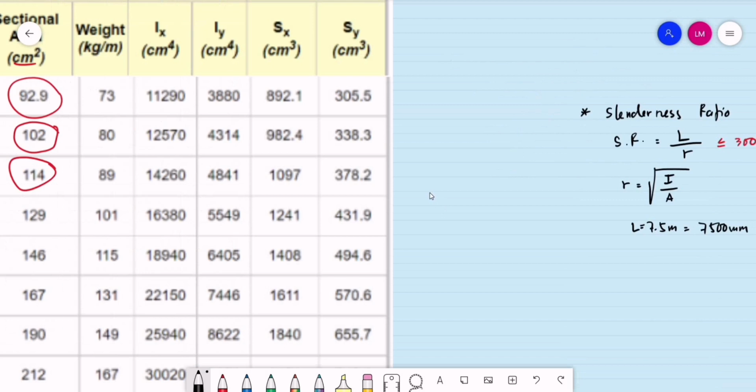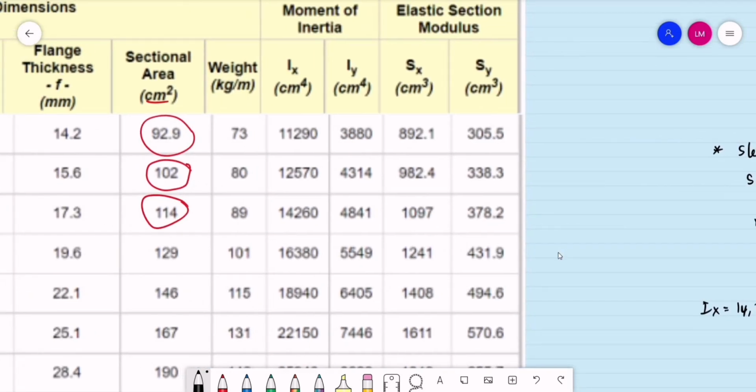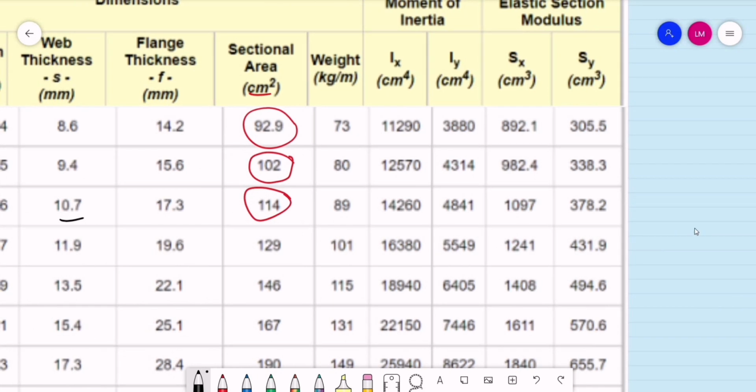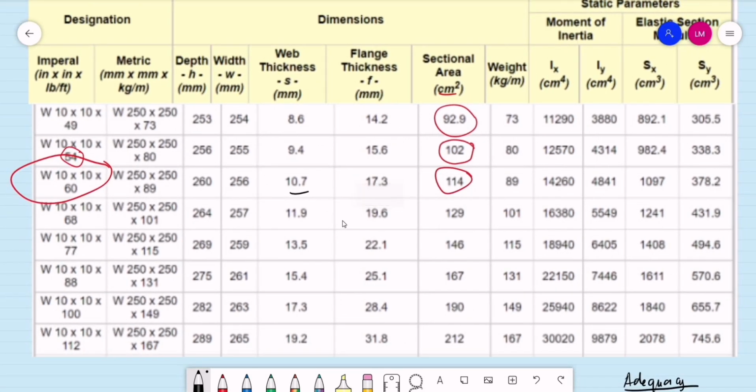Okay, so we have Ix. Ix is equal to 14,260 centimeters to the fourth. If you observe the unit, that is 14,260 centimeters to the fourth. Again, that is for our chosen section, the W10 by 60.